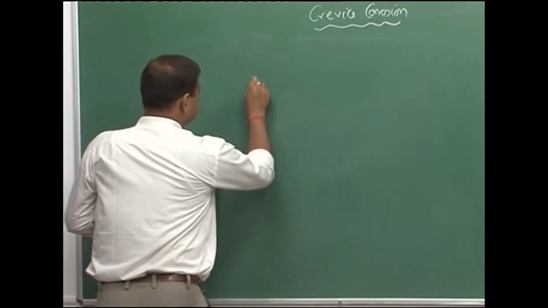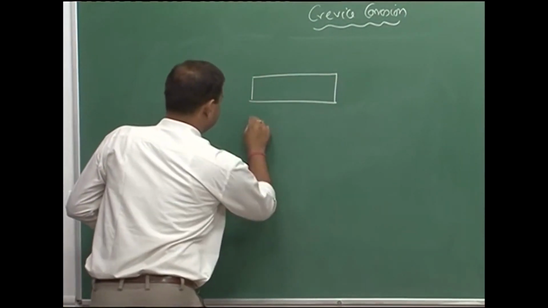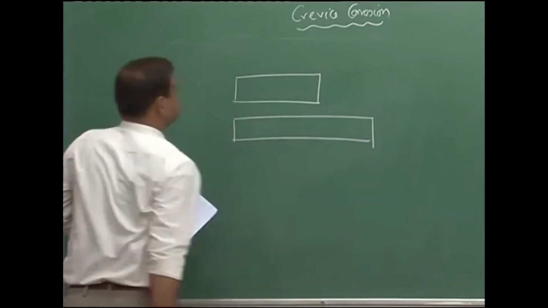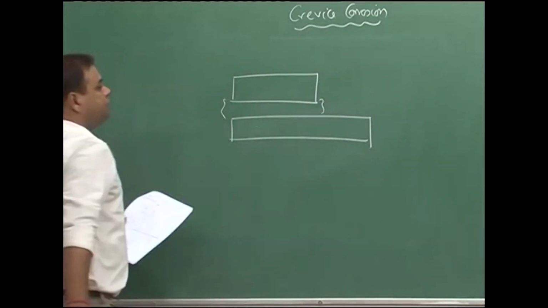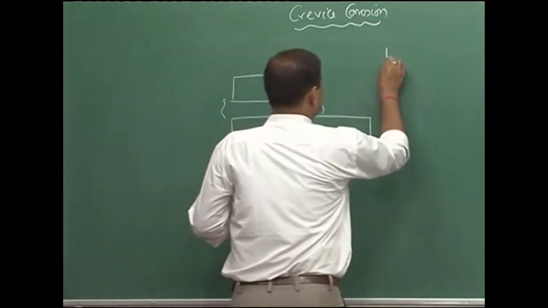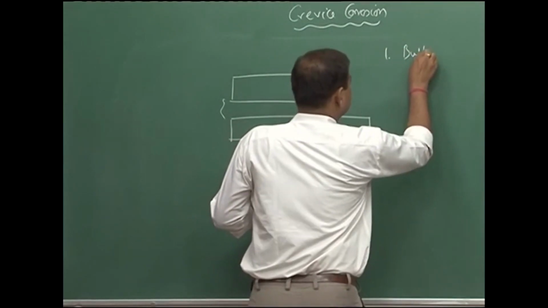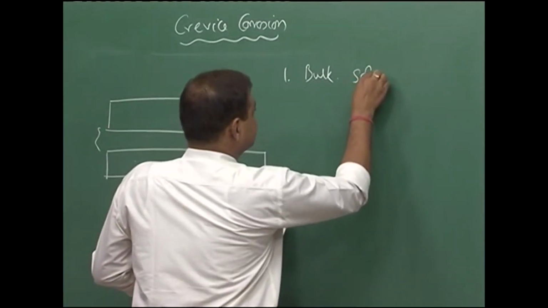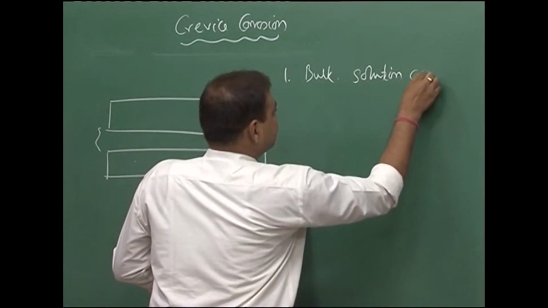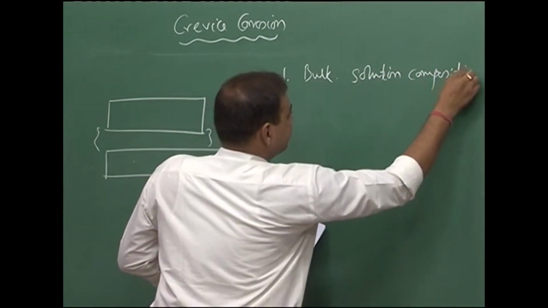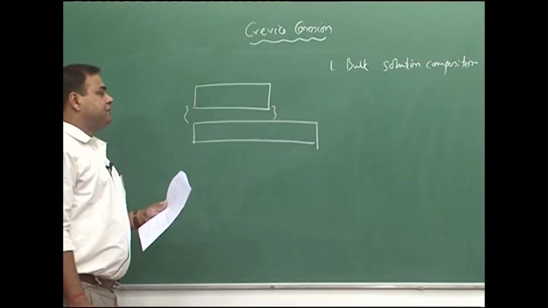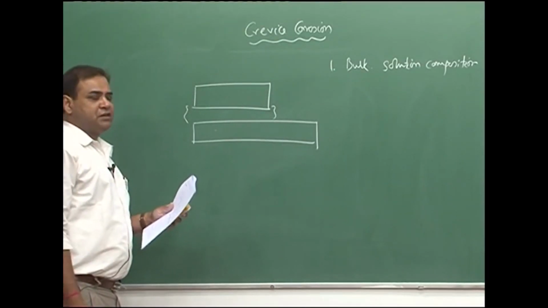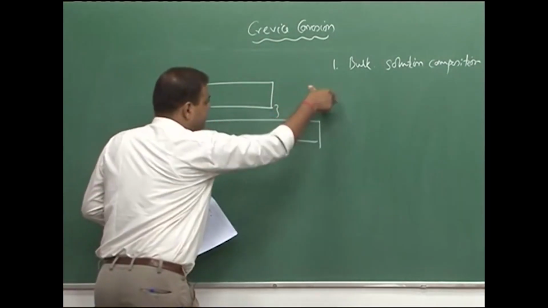Let us say this is my crevice, this is one part, and this is basically the crevice part. Now, what are the factors? One is bulk solution composition. We will see that the initiation of crevice attack happens because of different oxygen concentration in the crevice and in the bulk of the solution.